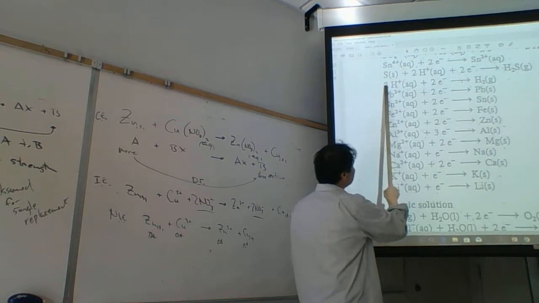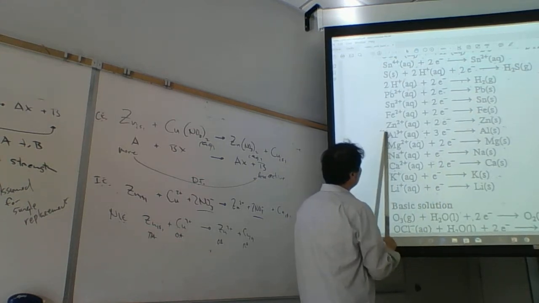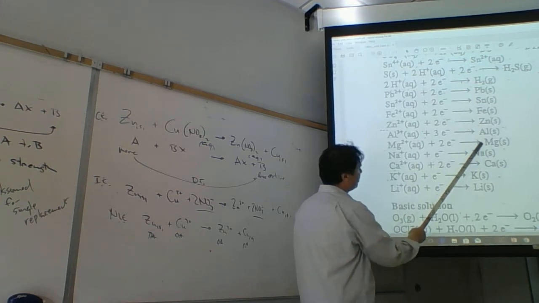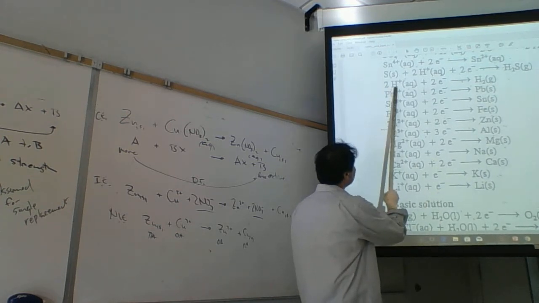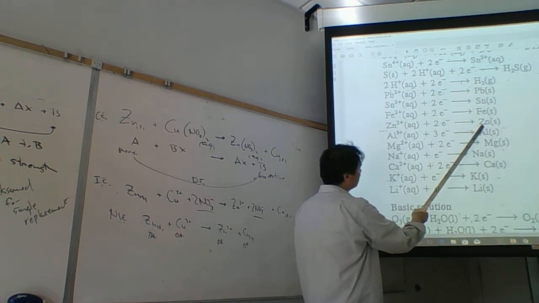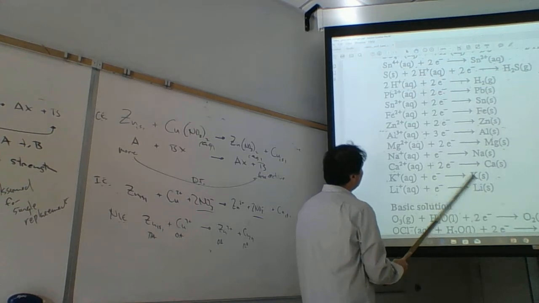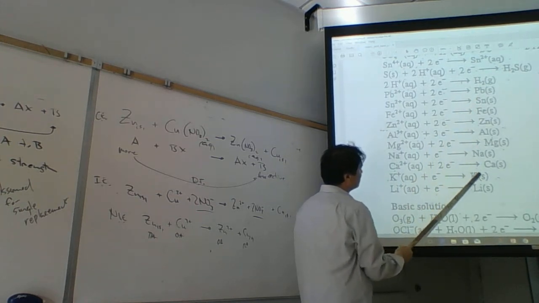Now if we look at acid, acid is capable of oxidizing many more metals than water. Water is only capable of oxidizing these very reactive metals. But if we have acid here, we can oxidize lead, tin, iron, zinc, all of them. And so acid is a more powerful oxidizer. It will be able to oxidize all these.